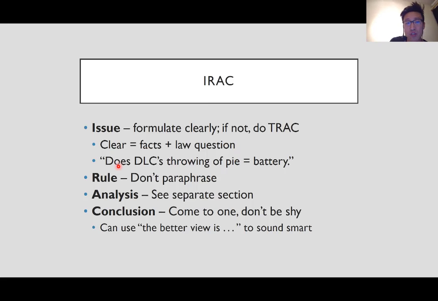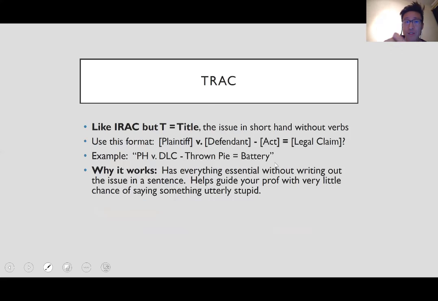So to do away with the pain of having to find the right verb, there's TRAC. It's like IRAC, but instead you replace the I with a T for the title, so that you basically write the issue out in a shorthand without any verbs. You just set out the parties or the party and the act committed by someone and the legal claim.